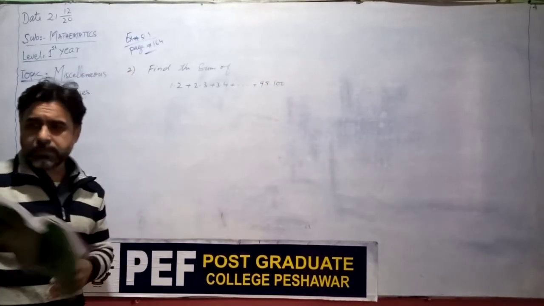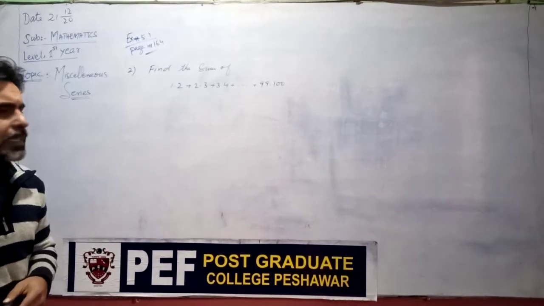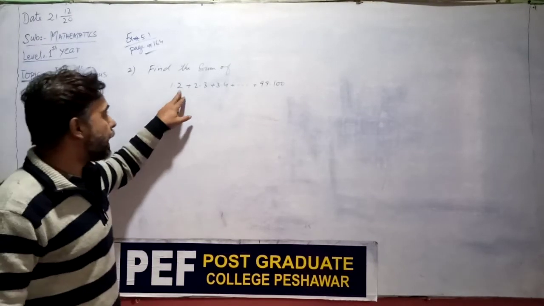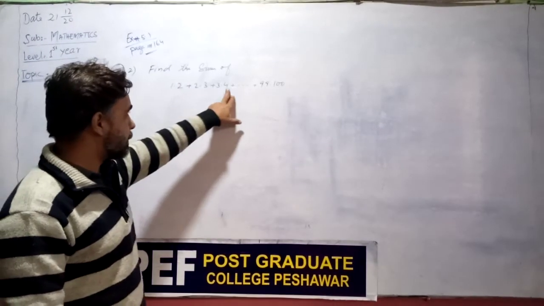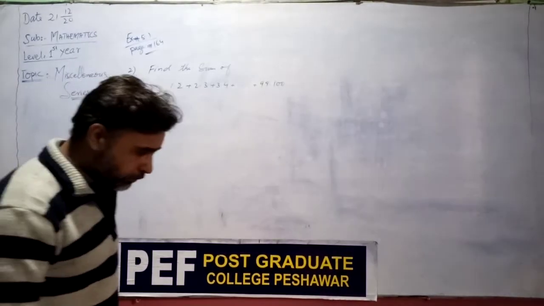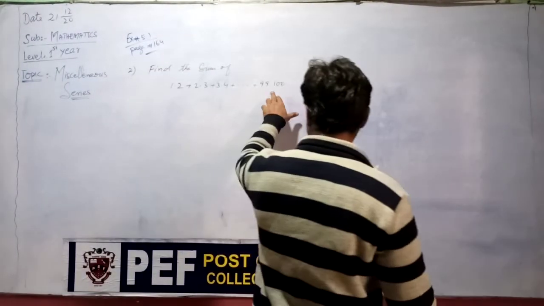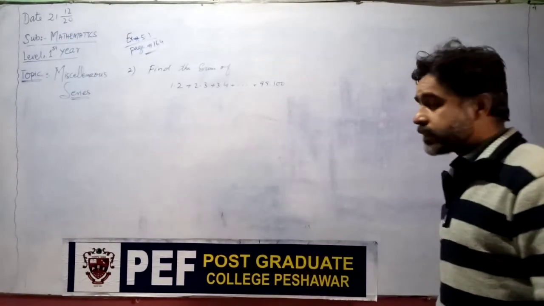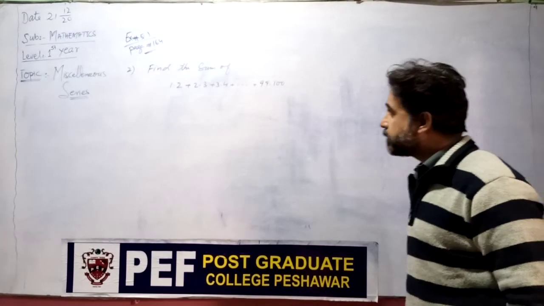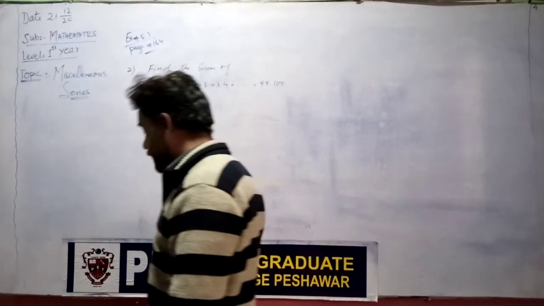This dot doesn't mean decimal point, this means product. 1 multiply 2, 2 multiply 3, 3 multiply 4 and so on up to 99 multiply 100. This is the given miscellaneous series and we are going to find the sum of this.